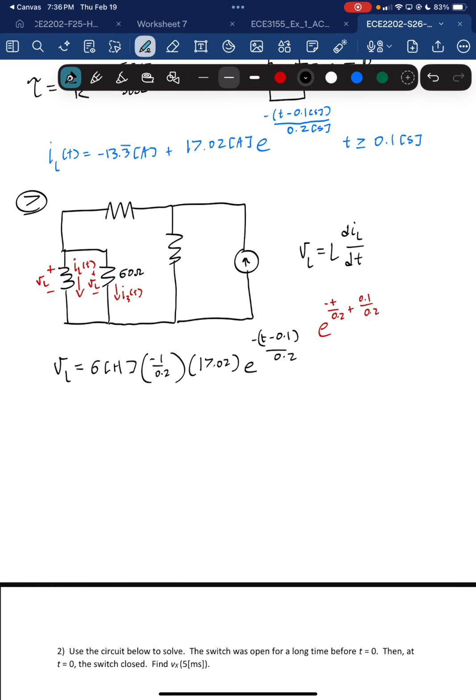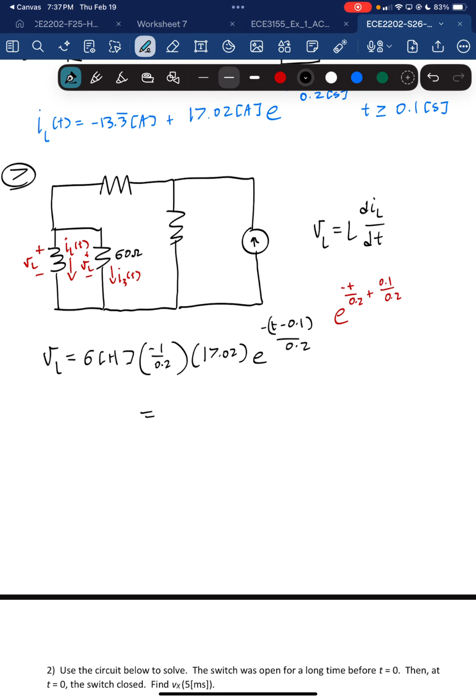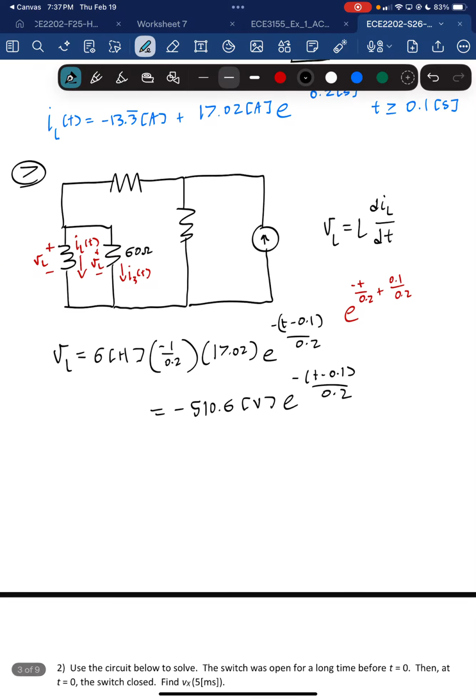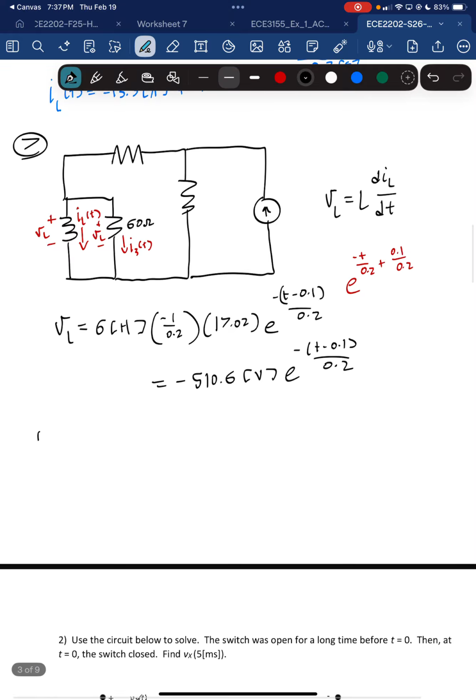And so you get 6 times negative 5 times 17.02, and you'll get negative 510.6 volts times e to the negative (t minus 0.1) over 0.2. And remember, by Ohm's law, I3 of t is just going to be VL over 60 ohms.